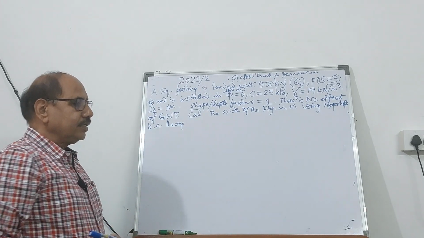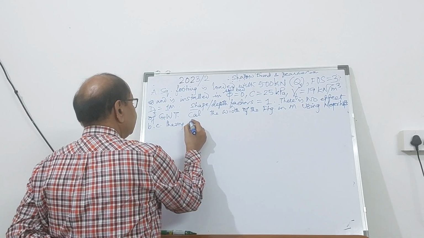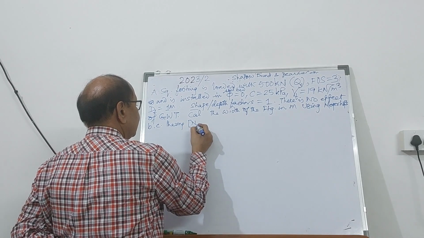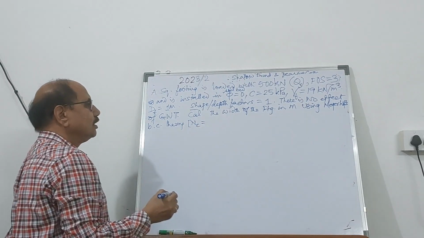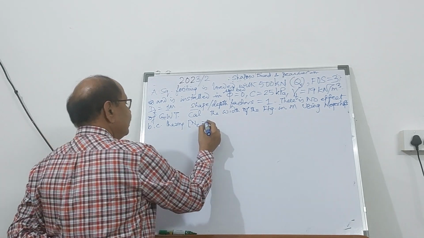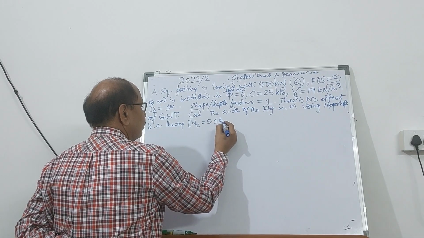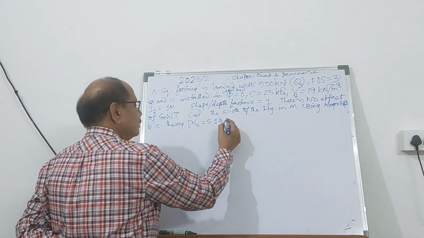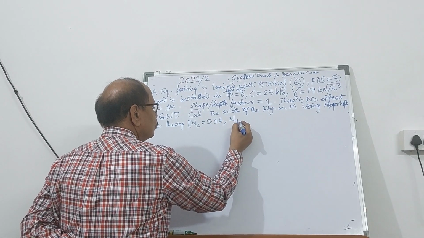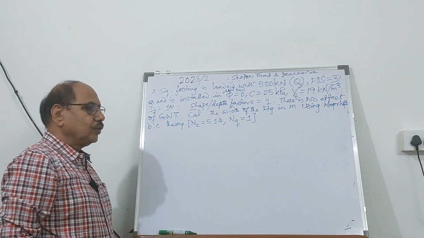So you know the equation used by this, and the value of Nc, because here phi is 0, it's a cohesive soil, will naturally be 5.14, and the value of Nq is going to be 1.